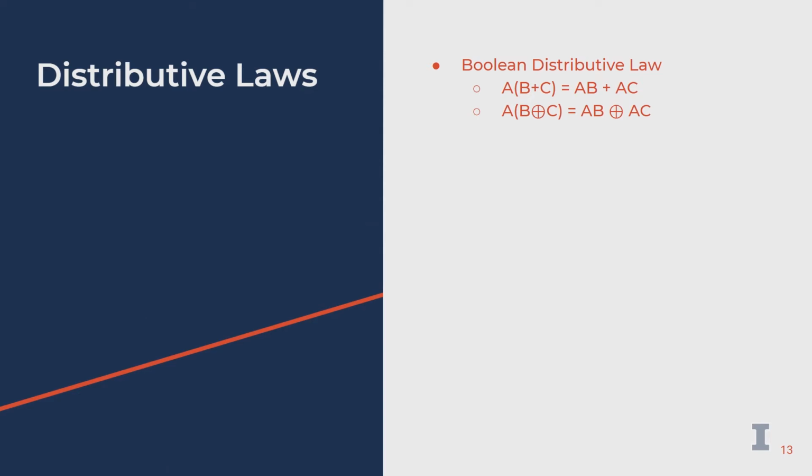So for A parentheses B plus sign C, that would also be equal to A and B or A and C. You guys kind of saw this in the tables you filled out, and then same thing for XOR.